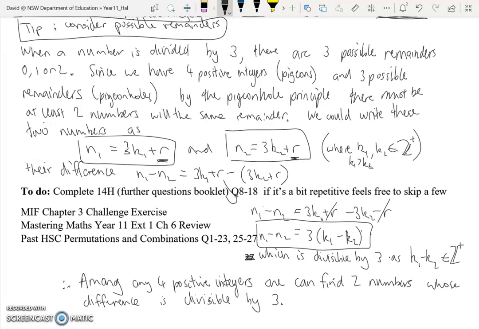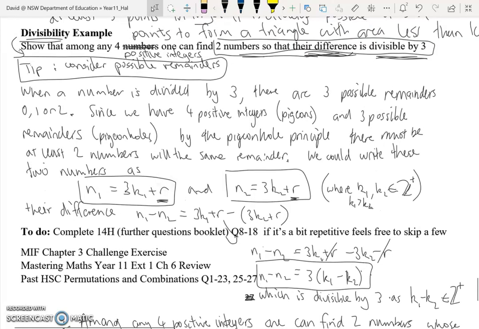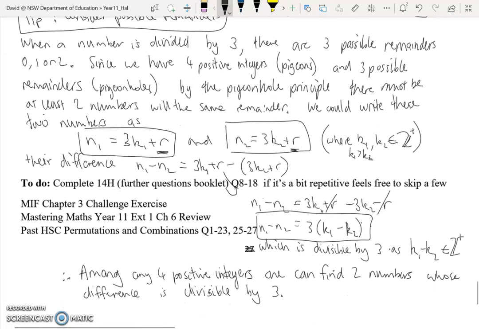So we know that the difference is divisible by 3 as k1 minus k2 is an element of the positive integers. Okay, so that's our proof. This last little bit was all about explaining why having 2 numbers with the same remainder is equivalent to having 2 numbers whose difference is divisible by 3. So we conclude, therefore, among any 4 positive integers, one can find 2 numbers whose difference is divisible by 3.